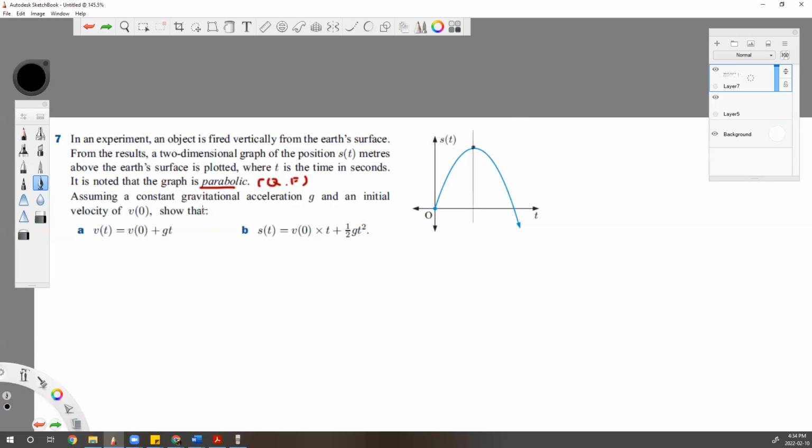If it is a quadratic function, s of t equals a t squared plus b times t plus c, like ax squared plus bx plus c. Remember this as the quadratic function. We have the gravitational acceleration, so we need the help of v of t. v of t is 2a times t plus b.